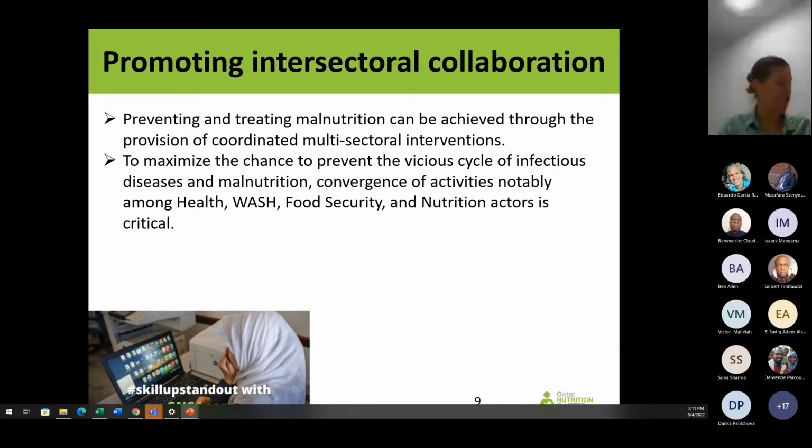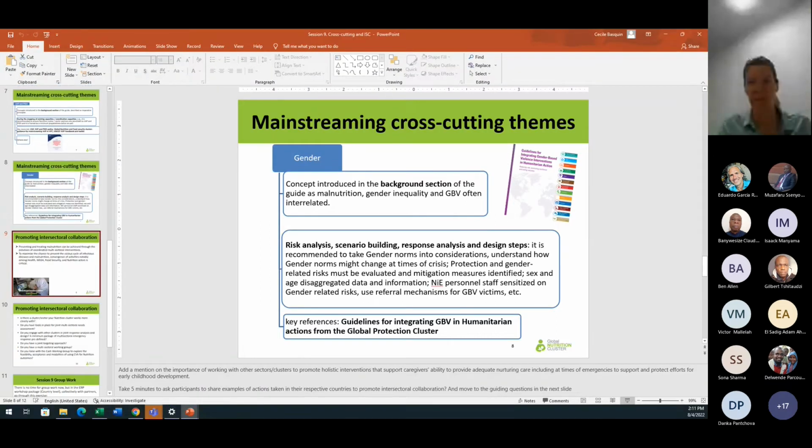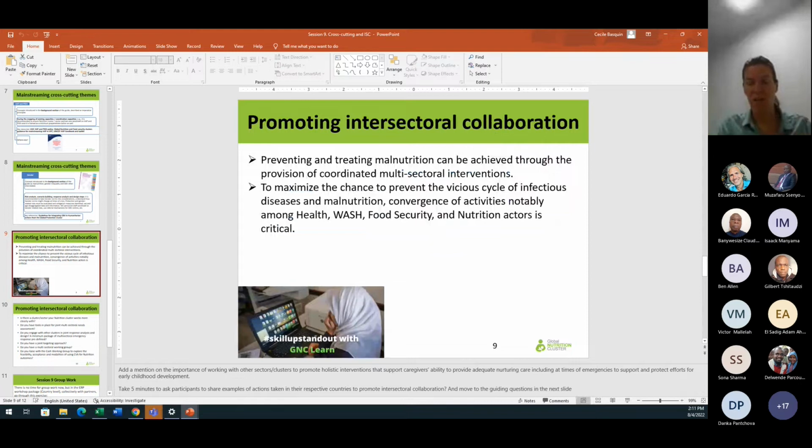Okay, so I'm going to pause here for a moment and ask colleagues, online participants, if you want to share any examples of actions you are currently undertaking in your countries to promote this intersectoral collaboration and programming. If we can hear an example.